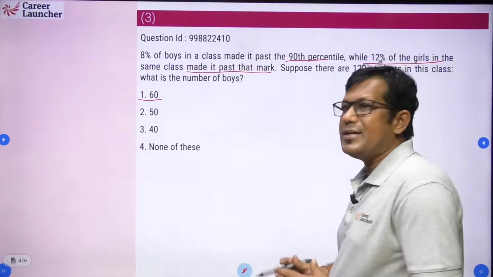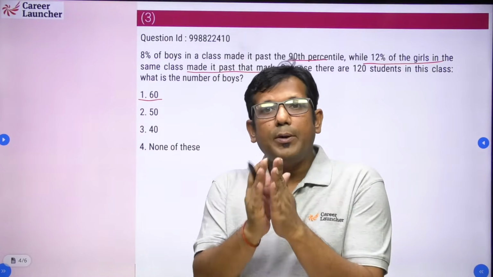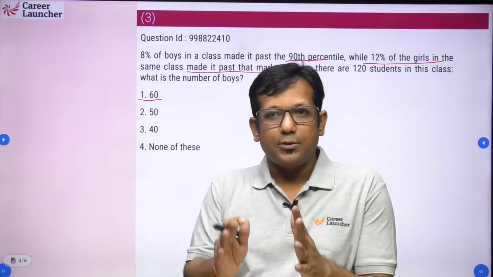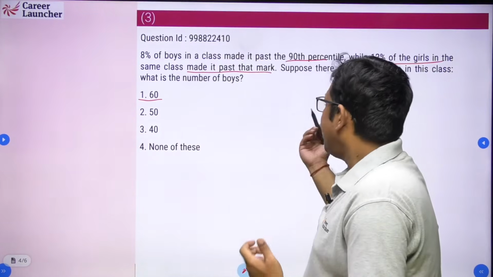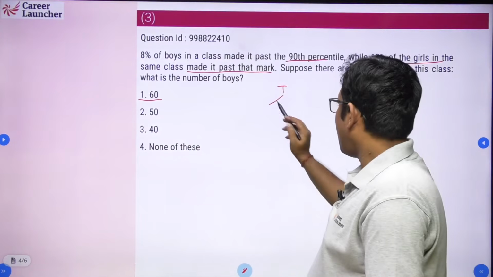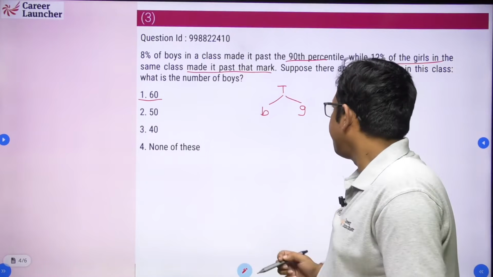Okay, so basically what is the meaning of 90 percentile or above? So above the 90 percentile, 10% of the total people are there, right? So let's say the total number of people in the class is T. So out of T, there are going to be some boys, there are going to be some girls.